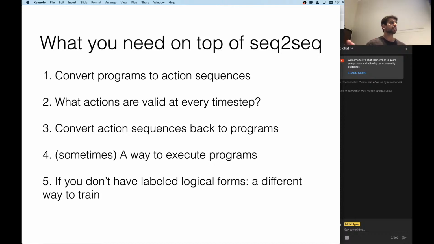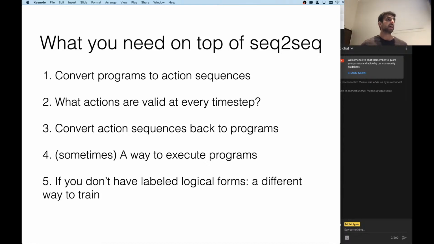So one action could, for example, be generate the select operator or generate the arguments for this condition or something like that. So in the simplest case, you will just say an action is generating a token of your logical form, but you could also imagine some grammar-based decoding where you're not just producing a token at a time.